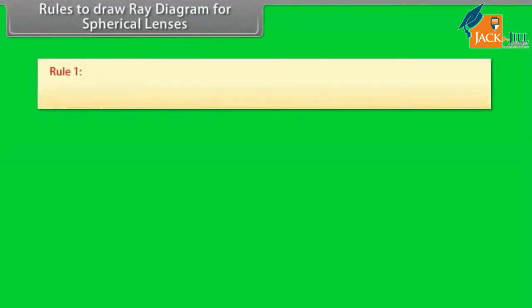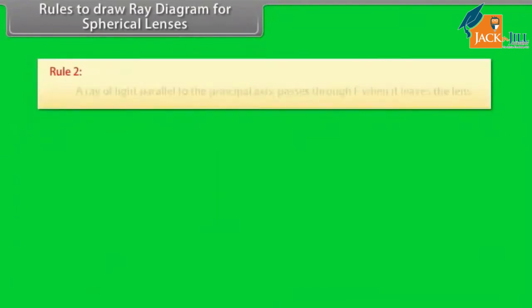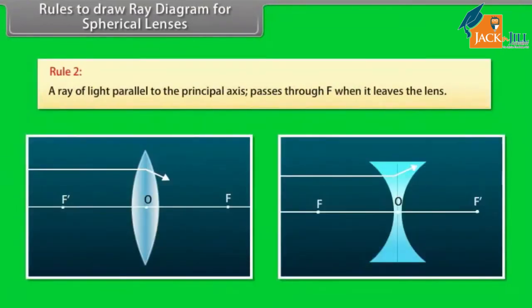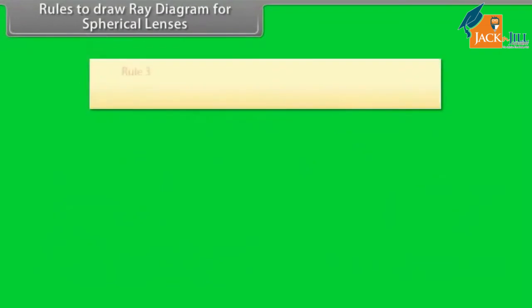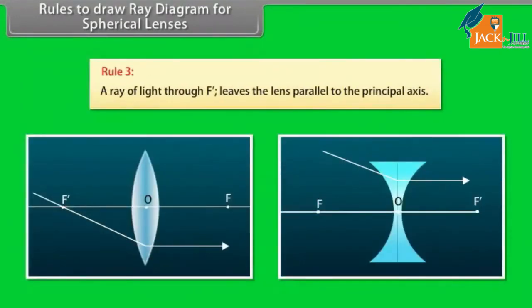Rule 1: a ray of light through the optical center of the lens, O, passes undeviated through the lens. Rule 2: a ray of light parallel to the principal axis passes through F when it leaves the lens. Rule 3: a ray of light through F' leaves the lens parallel to the principal axis.